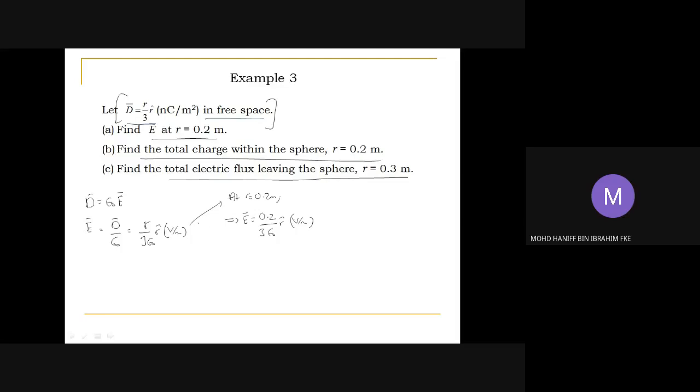Part B, the question is to find the total charge within the sphere of radius 0.2 meters. Find the total charge within the sphere of r 0.2 meters.